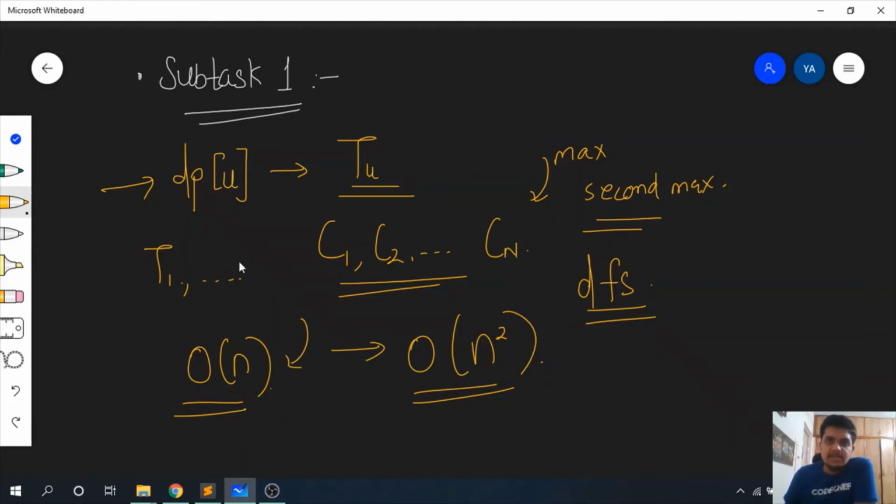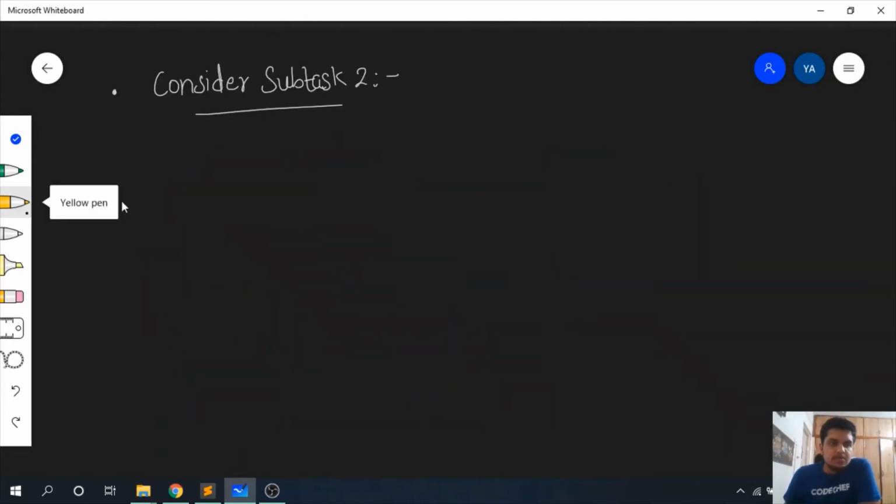Now let us see what modifications or optimizations we can do for subtask 2. So for subtask 2, we know that we can find dp of u for any node. So if we root the tree at u, then we can find tu, right?